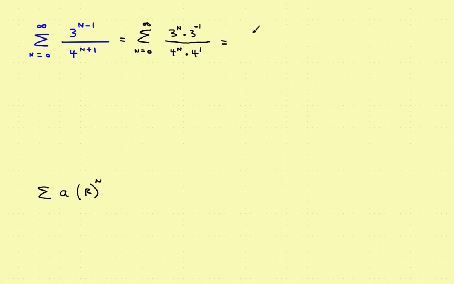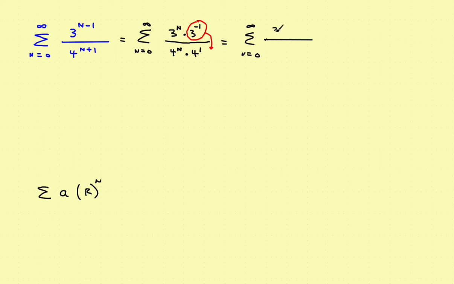Next thing I'll do is make this be the summation from n equals 0 to infinity of, and we'll go across to here. The next thing I'm going to do is take this 3 to the negative 1 and move it down and make it be a 3 to the positive 1. So I'll wind up with positive exponents.